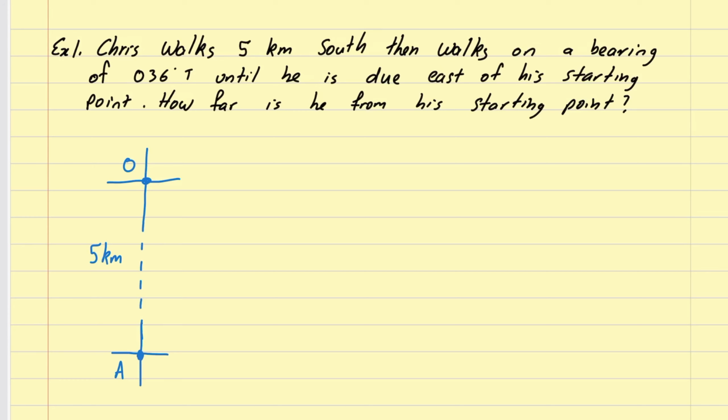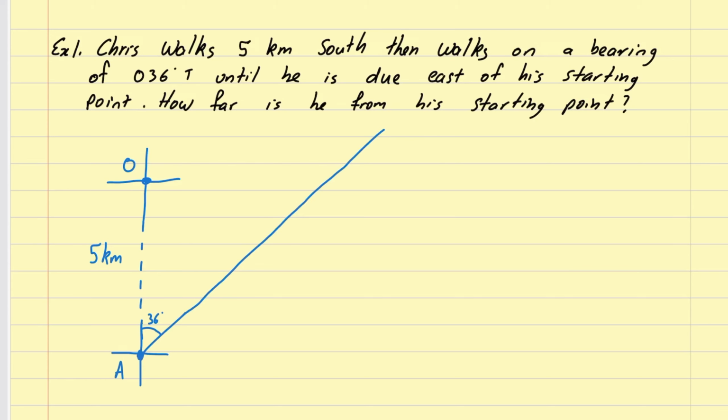And from there, he's now walking on a bearing of 36 degrees. Now, 36 degrees would be somewhere right there. So that angle there would make up 36 degrees. Now he keeps walking until he's due east of his starting point. Well, let's go back to the starting point O, and he's going to keep walking on this line all the way up until he's due east of his starting point.